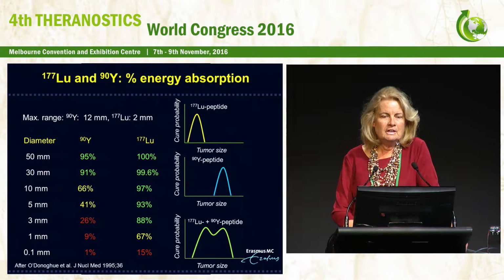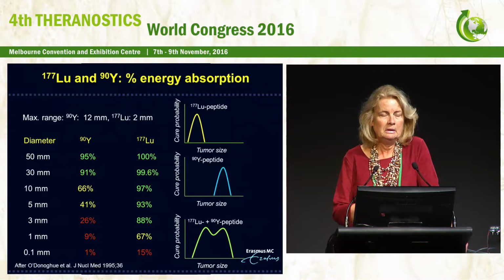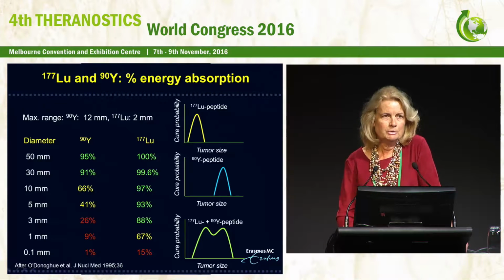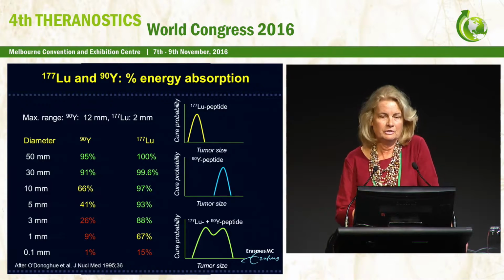And these differences also lead to a difference in the percentage of energy absorption in tumors of different size. So for instance, when we consider tumors smaller than 3 millimeters, for yttrium-90, only 26% of the energy will be absorbed in the lesion, whereas for lutetium, this will still be 88%.